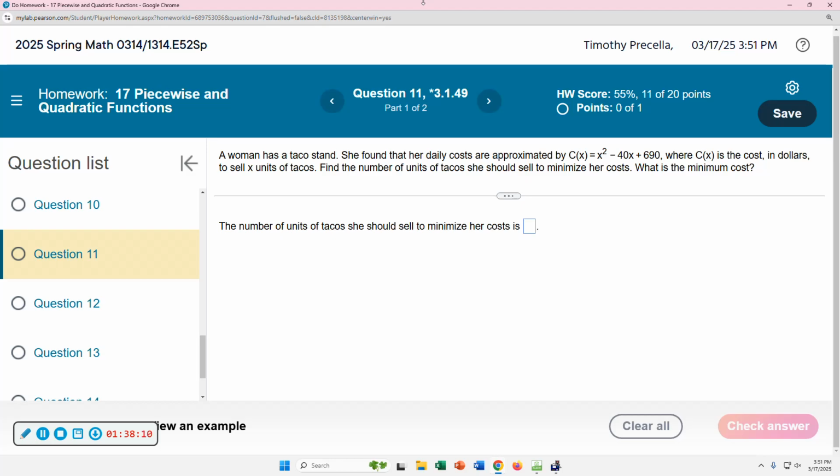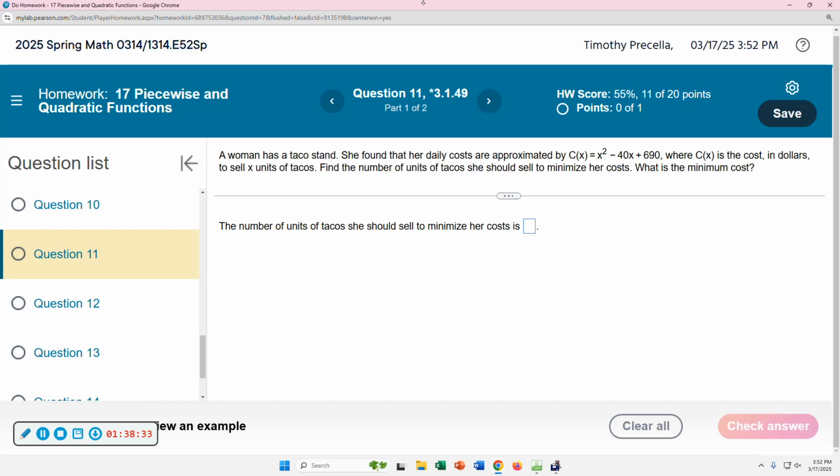But what is the cost? How much is it going to cost her to run that taco stand if she's selling 20 units? Once you know the x value, what do you do to find the y value? Once you know x, what will you do to find y? Okay, plug it in.